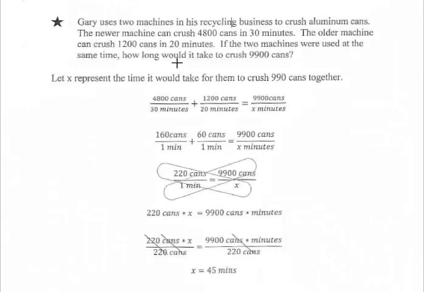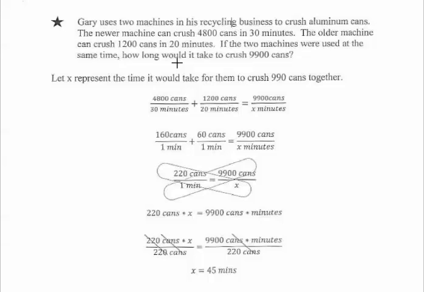So if we just look at this one example, it says we're crushing cans, and a newer machine can crush 4,800 cans in 30 minutes. An older one, 1,200 cans in 20 minutes. If they work together, how long does it take them to crush 9,900 cans?